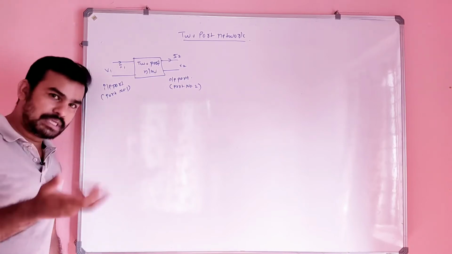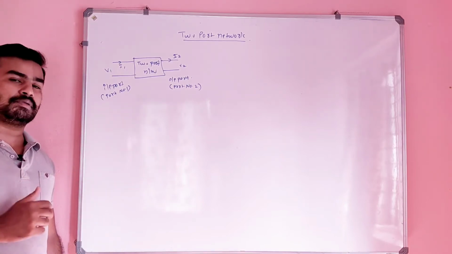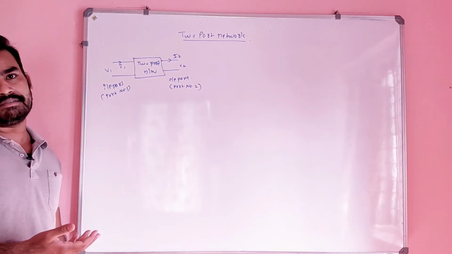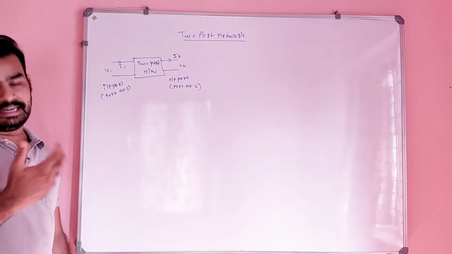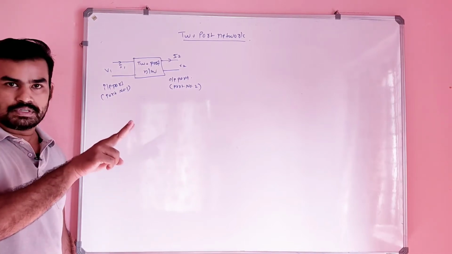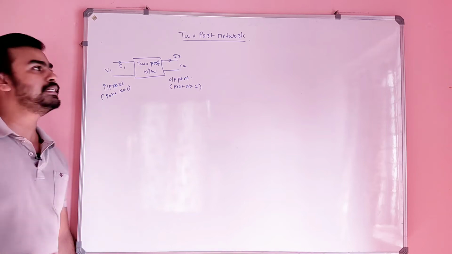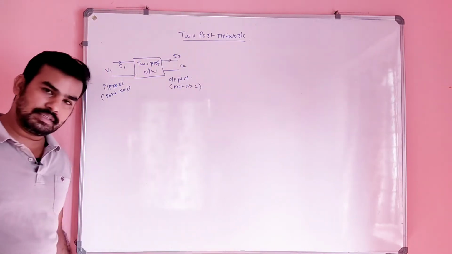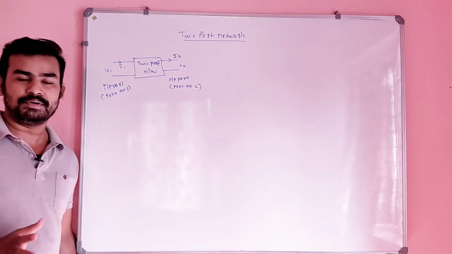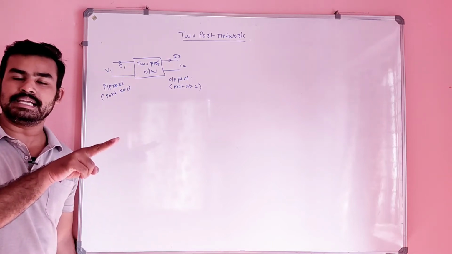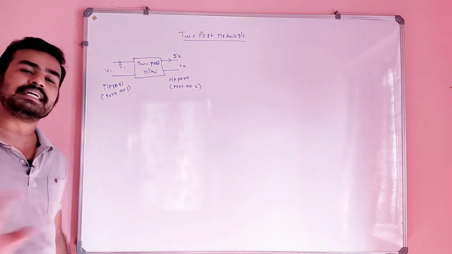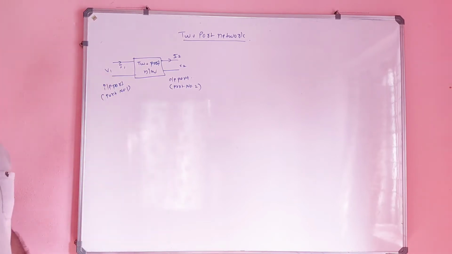Like that, in electronics there are so many circuits, such as filters, adders and subtractors, in which there are two terminals as input and two terminals as output, and these are termed two-port networks. A simple example is our transformer itself. Two wires can be taken as input and two wires taken out as output. That is the concept of a two-port network.